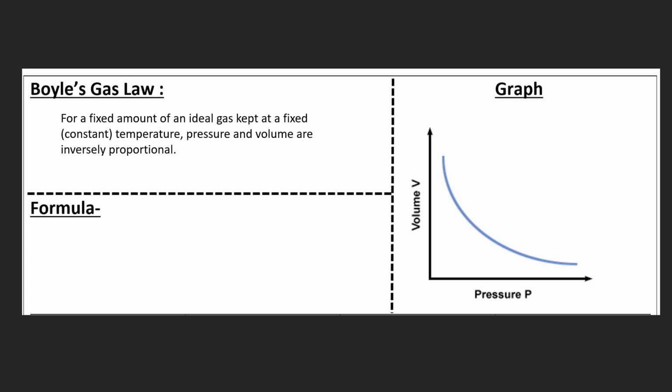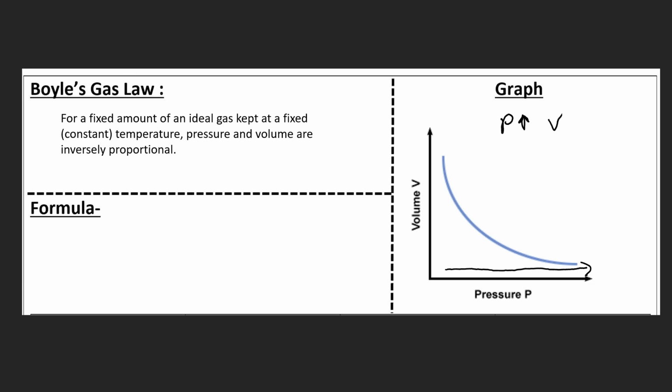Boyle's law states that for a fixed amount of an ideal gas kept at a fixed constant temperature, the pressure and the volume are inversely proportional. So what does that mean? That tells us that as one goes up, the other one goes down. So in this case, as our pressure is increasing, our volume is going down.